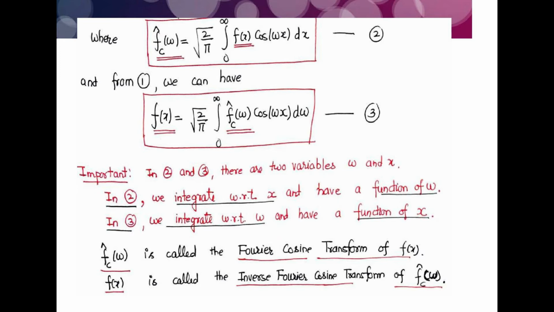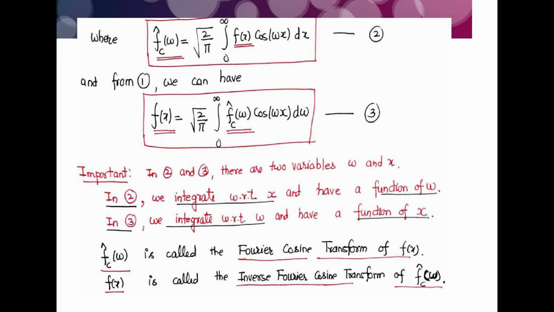In equation number 3, again we have two variables w and x. We are integrating with respect to w, substituting the limits 0 and infinity, and we have a function of x. These are some basic notations.